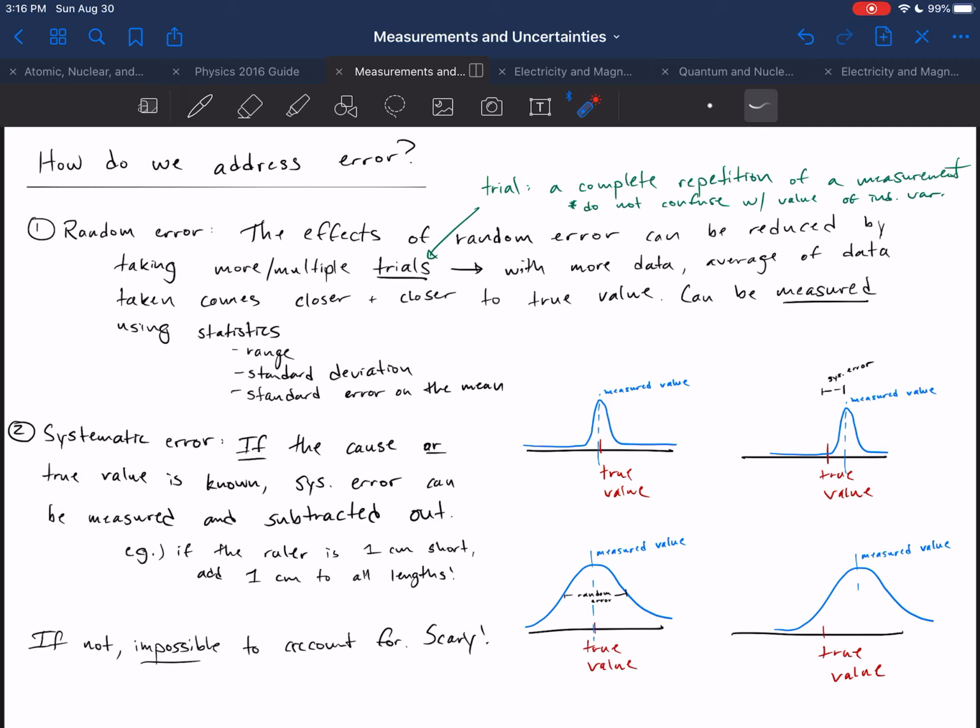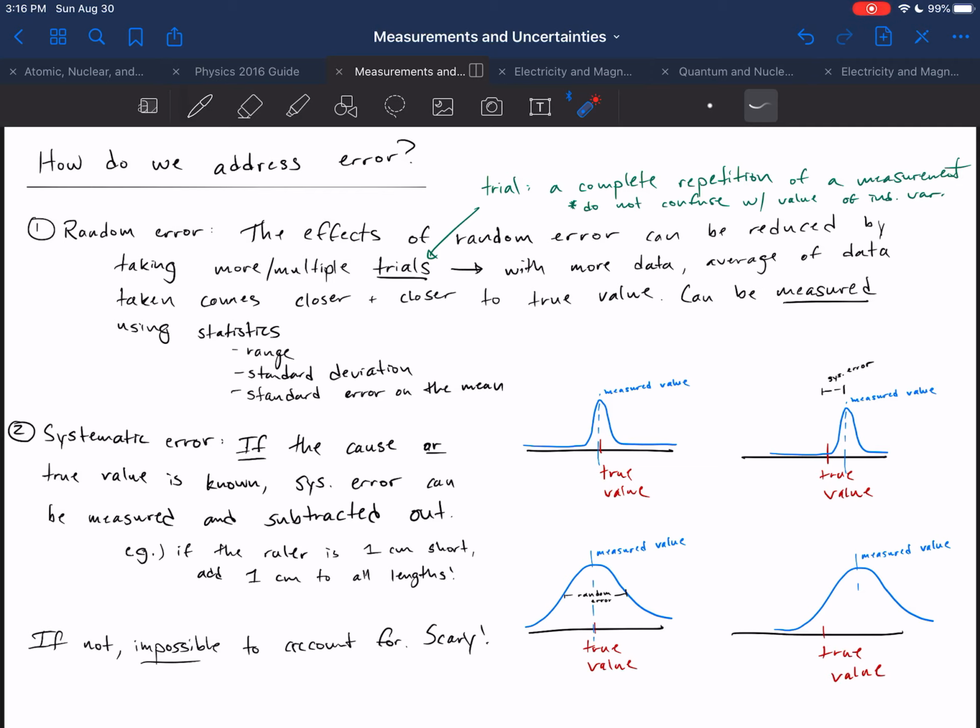And how many you need to take can be statistically quantified relative to your error. But the general idea is the larger your random error, the more trials you need to take to converge on the right value. And with more data, the average of that data comes closer and closer to the true value, assuming no systematic error.